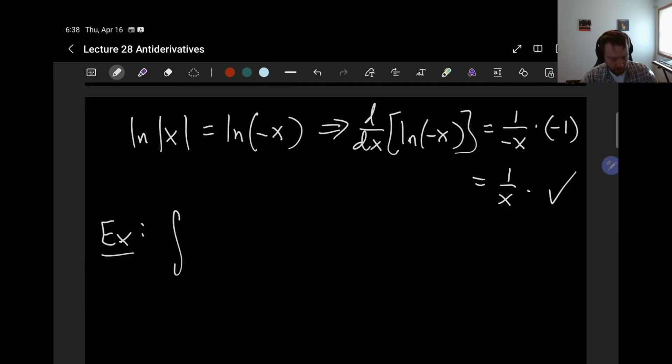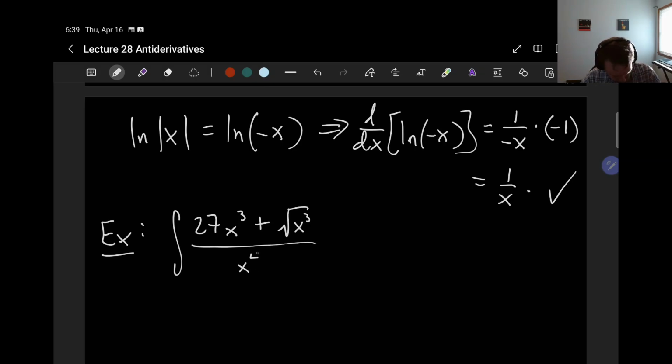And sometimes you have examples like this which look really complicated at first. So at first it may appear that we don't have the tools to do this, but that's not true.